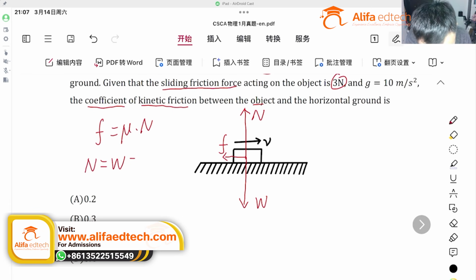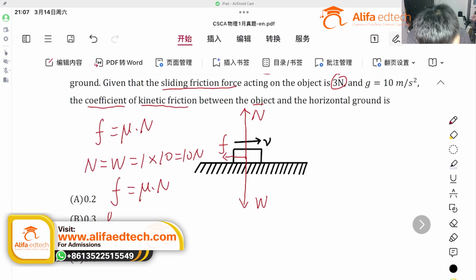So it is 1 multiplied by 10. It is 10 newtons. So F 等于 mu N, as the friction force is 3 newtons.